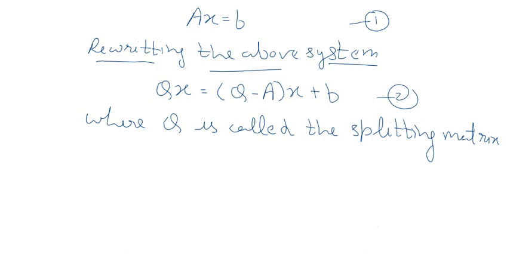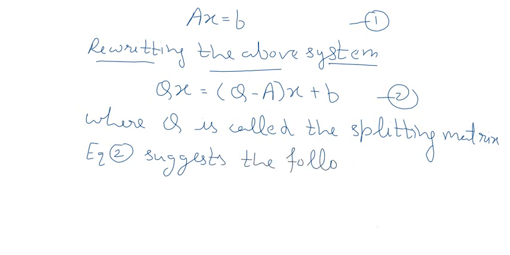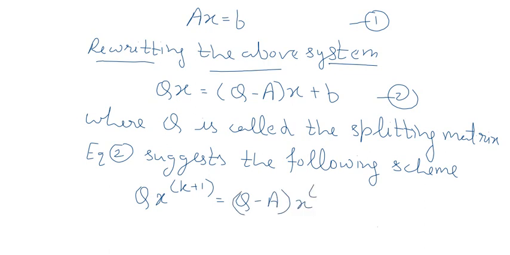Equation 2, if you see carefully, suggests the following scheme, that is Q x_{k+1} equals (Q minus A) x_k plus b, which we will call equation number 3.